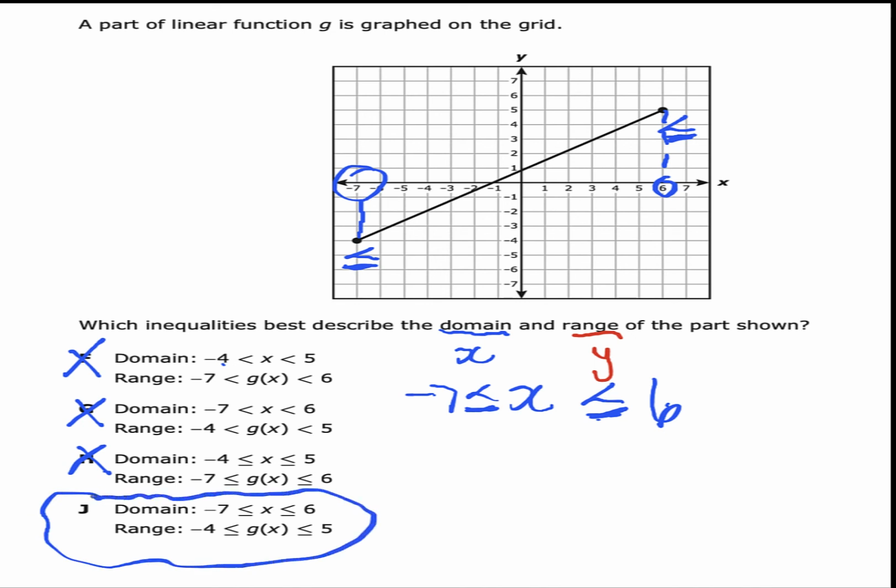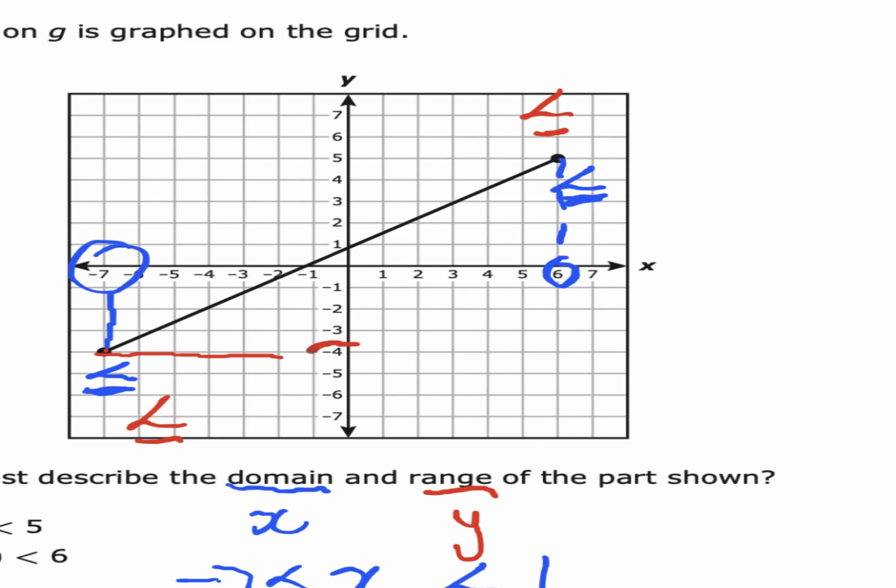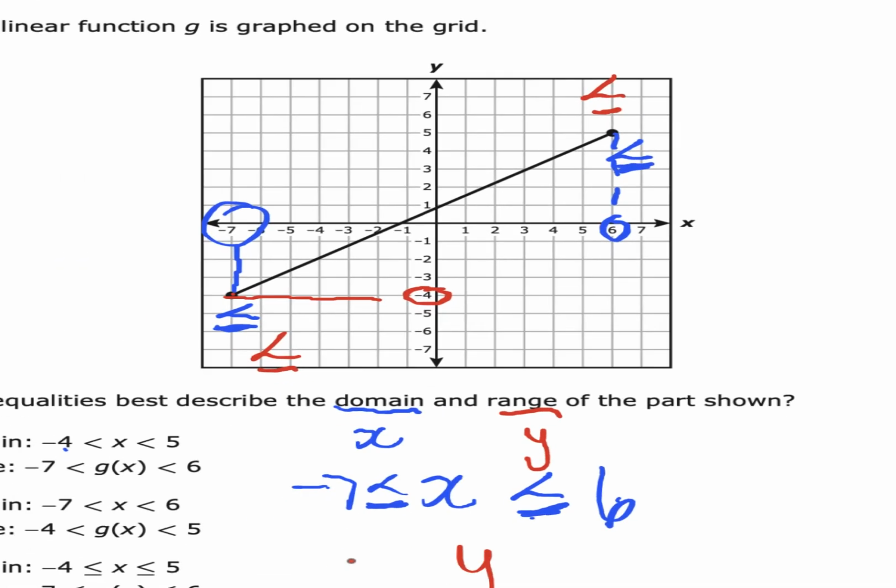So we got our answer just by finding the domain. If we want to find the range, which is the Y, again, the circles are closed, so you're going to have the inequality signs with the line under, but we're going to have to find the value on the y-axis. So starting here, I'm going to go across to touch my y-axis. It starts at -4.